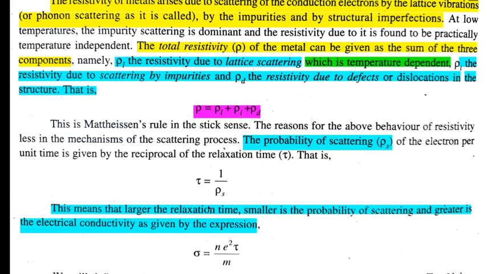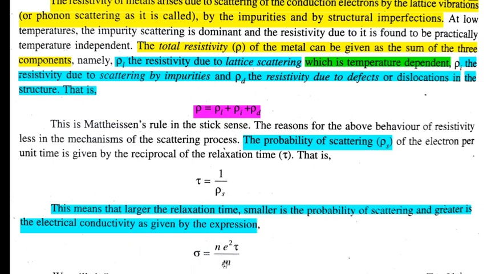And this probability of a scattering is inversely proportional to your relaxation time. So as the relaxation time is higher, that means your scattering probability is less. It's a purely statistical conceptual idea, just put forward over here. Now we know the conductivity.